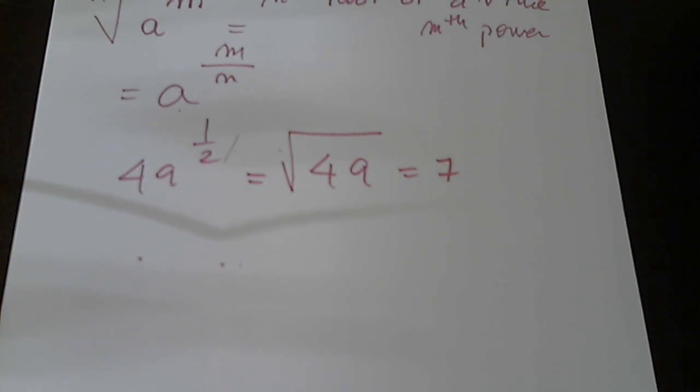So what radical will this be? A to negative n, the nth root of a, 1 over a to the nth, or the nth root of a to the nth power, n over a. So is it number 1, number 2, number 3, number 4?